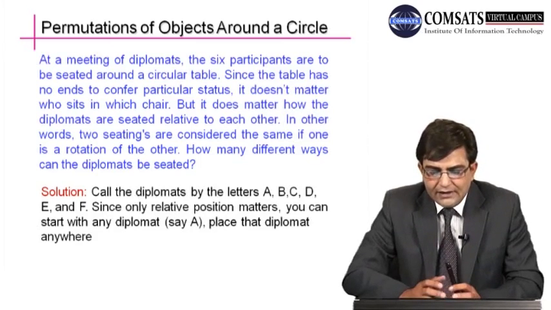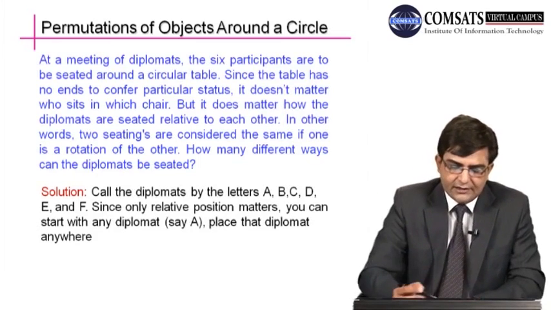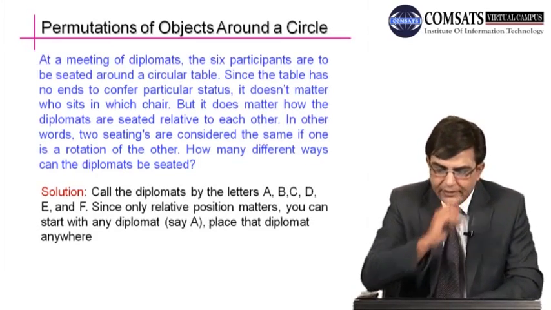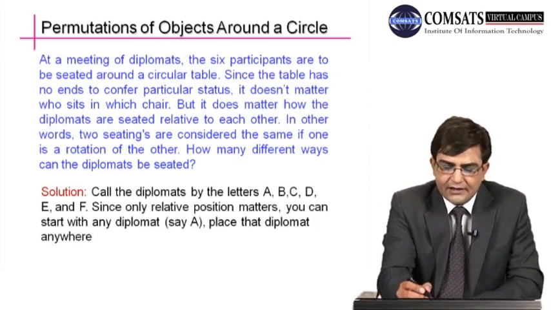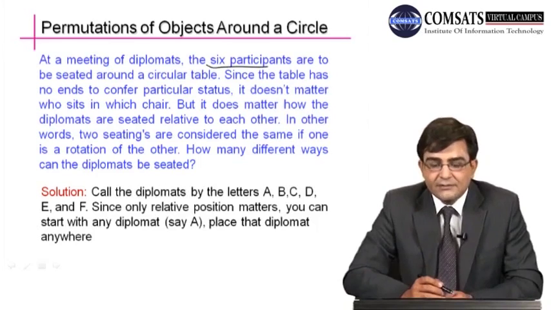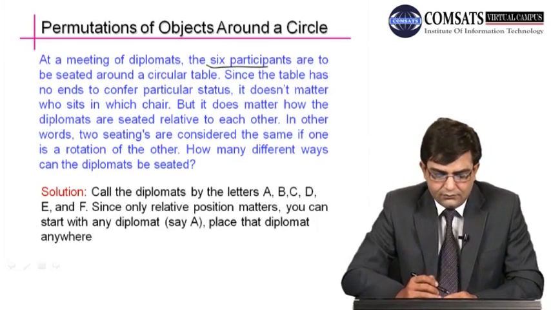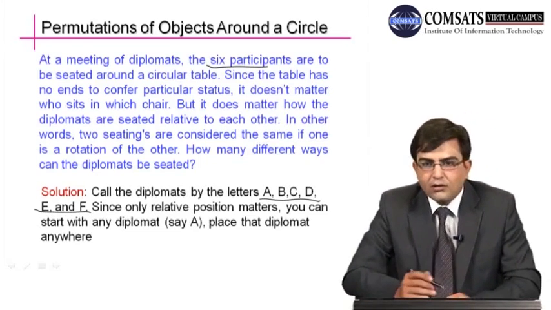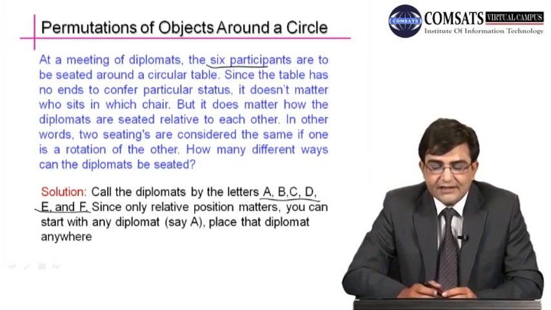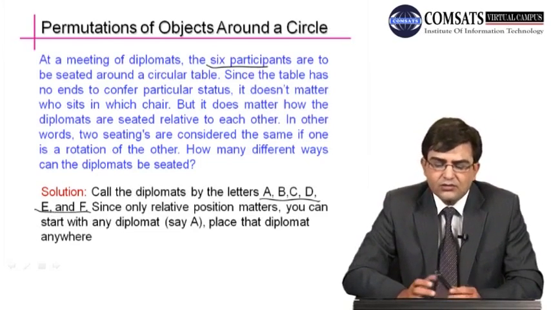So to calculate the permutations, we suppose that the 6 diplomats sitting around the circular table in that meeting are A, B, C, D, E, F.